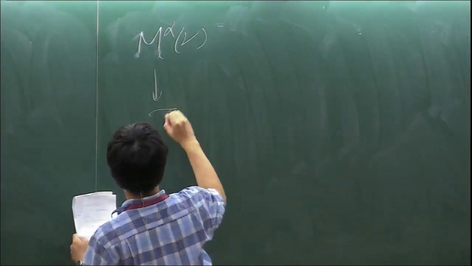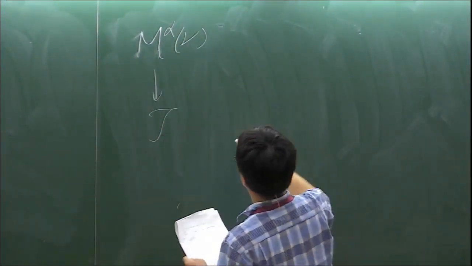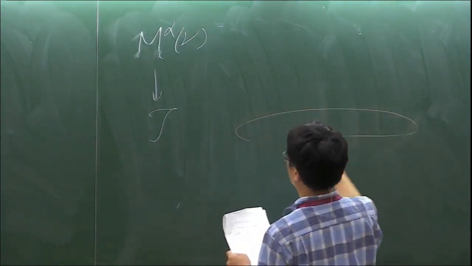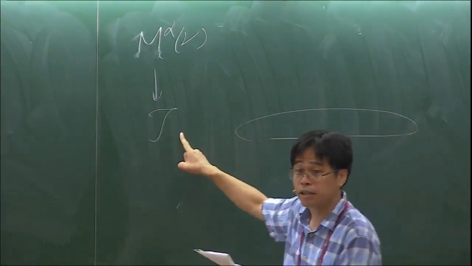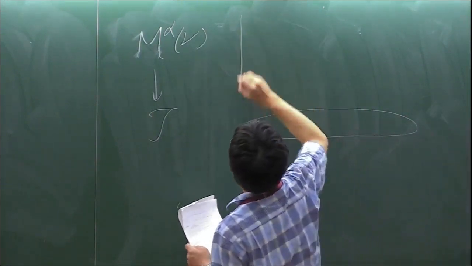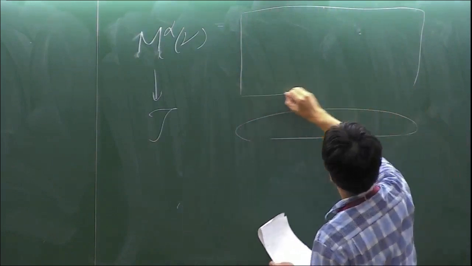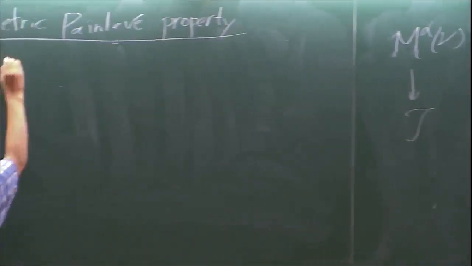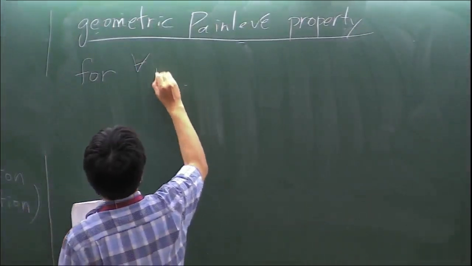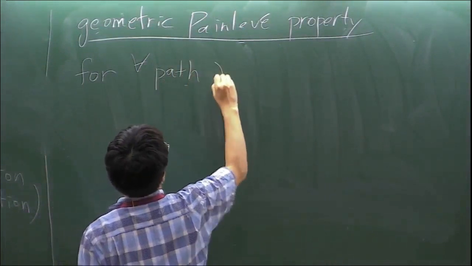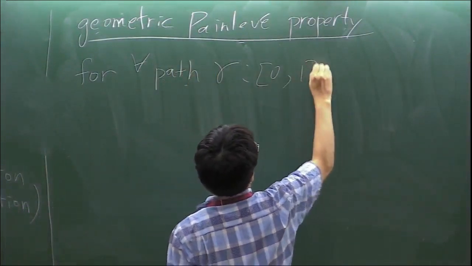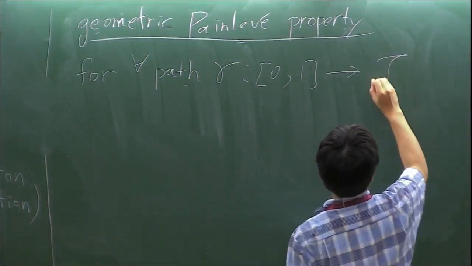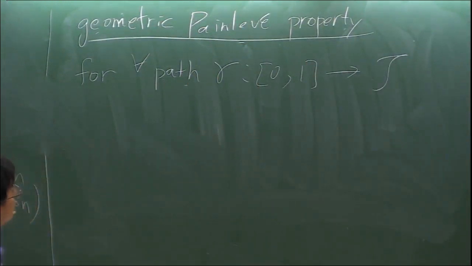There is a family of moduli space of connections, and we consider the space T as the space of time variables, and take any path gamma in that space of time variables.